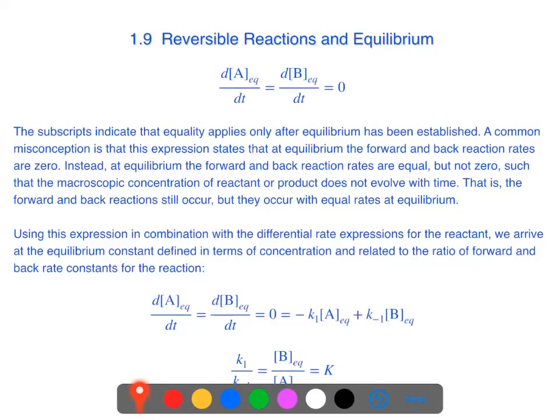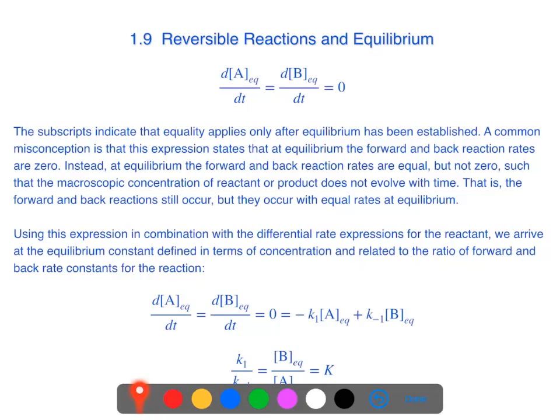Now, using this expression in combination with the differential rate expressions for the reactant, we arrive at the equilibrium constant, defined in terms of concentration and related to the ratio of forward and back rate constants for the reaction.